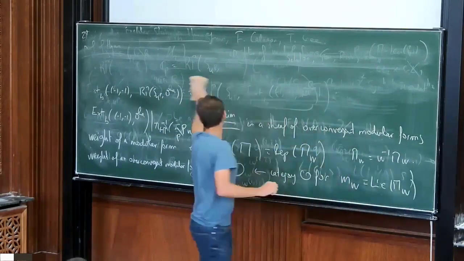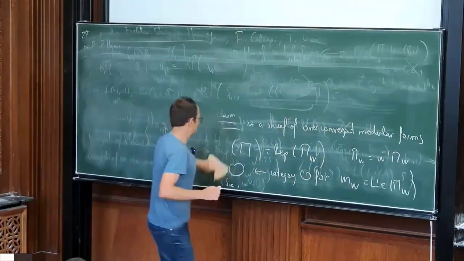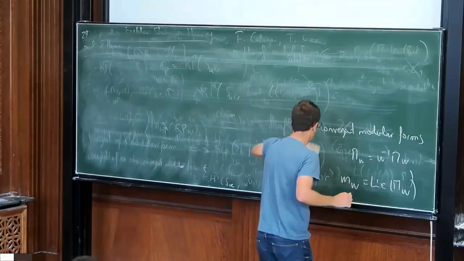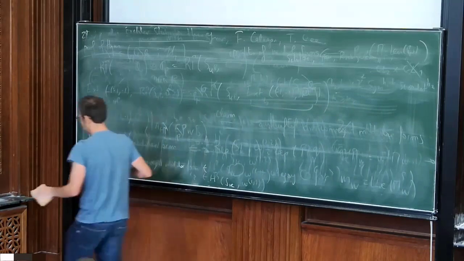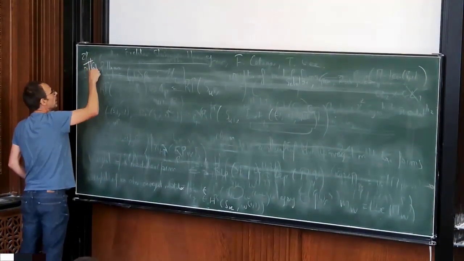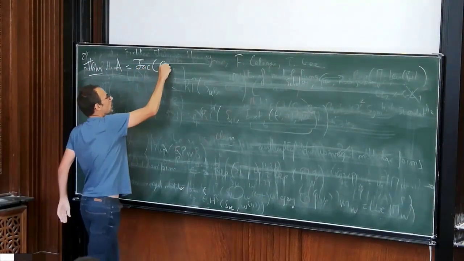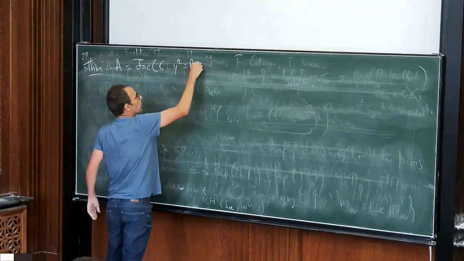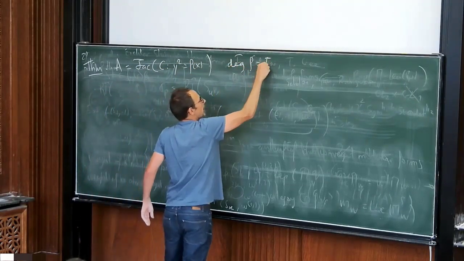So now let's start with the first modularity theorem. So the first theorem is this one. You take A, which is the Jacobian of a curve y squared is f of x, where the degree of f is 5.